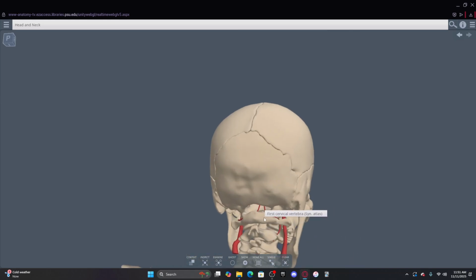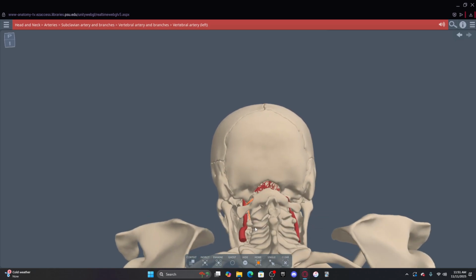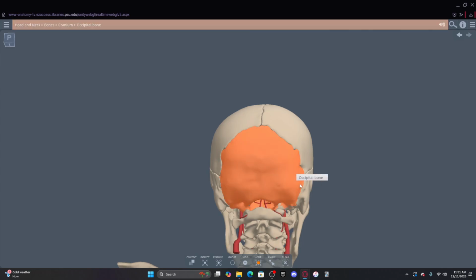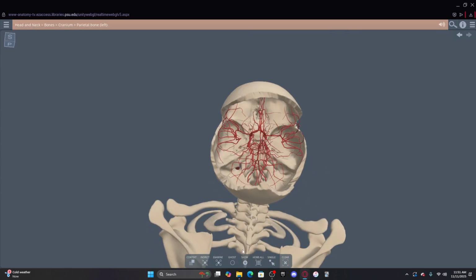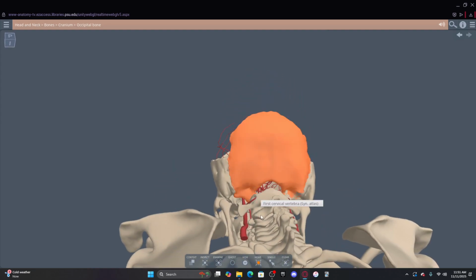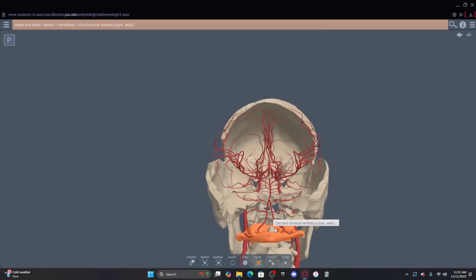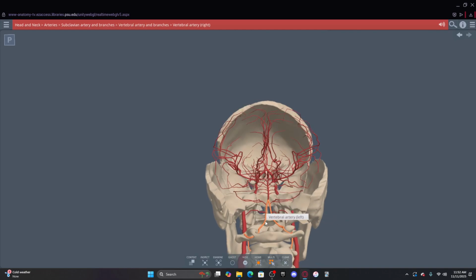You have the vertebral arteries, and then you also have the internal carotid arteries. If I remove the parietal bone, you can see the vertebral arteries joining to form the basilar.